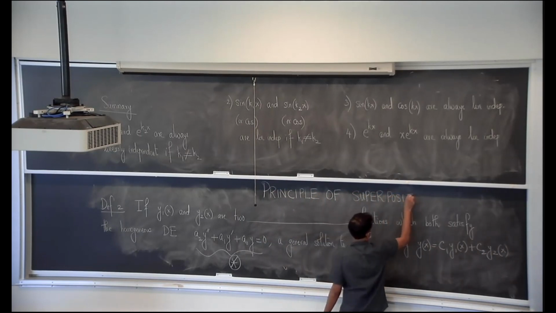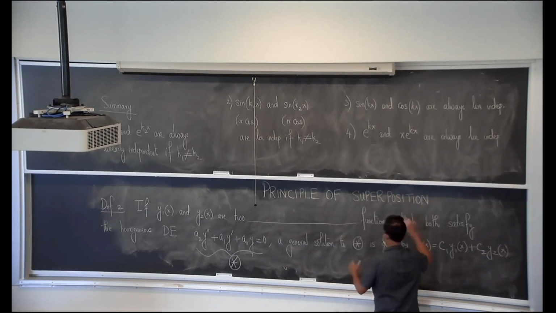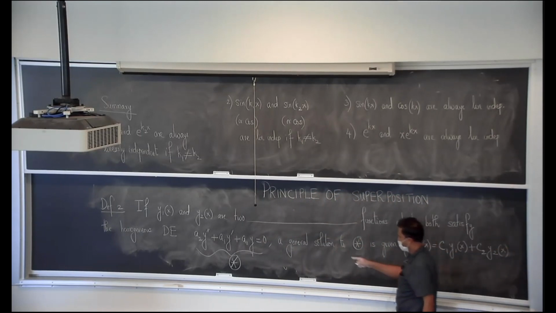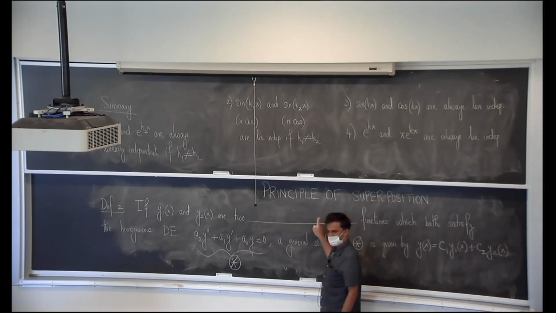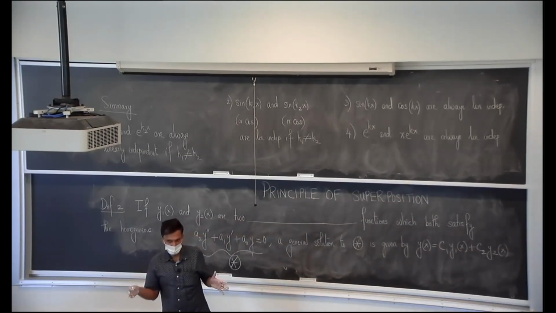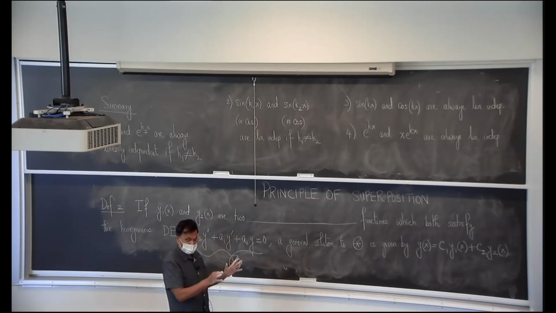It says that if you have some functions, then the scalar multiple is also an automatic solution to the same equation. This is also a solution, and you can combine them. That is also a solution. Provided, what is the golden pair of words here? What should be the condition on the functions? They should be linearly independent, so that you are looking at two different functions.